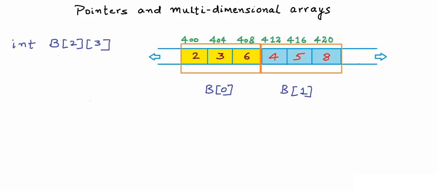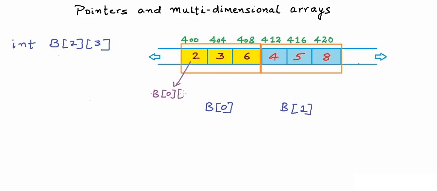Now let's look at this. B0 is from byte address 400 till 411. We have 3 integers and we have 4 bytes for each integer. The first integer that we can access as the element at 0th index of B0 is taking 4 bytes, starting address 400.